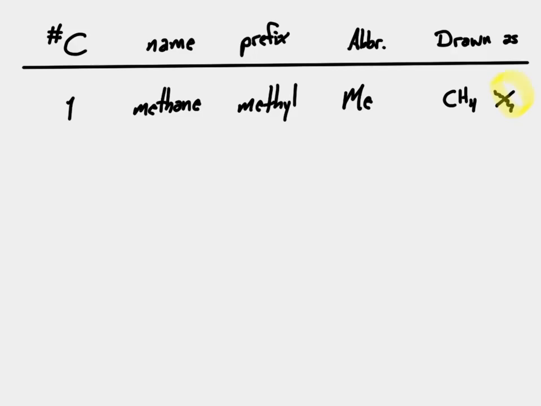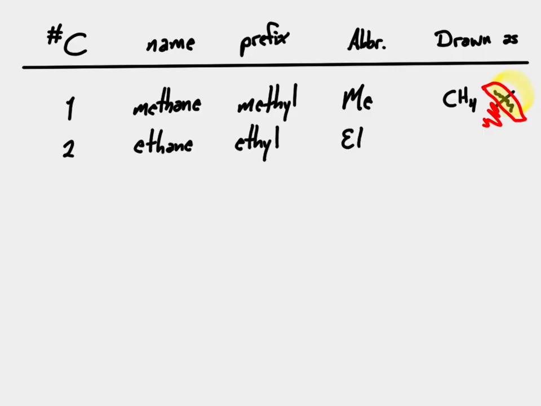Now this squiggly line that I drew here is often used to denote that whatever is over on this side could be really anything else. It just gives you a lot of openness there.